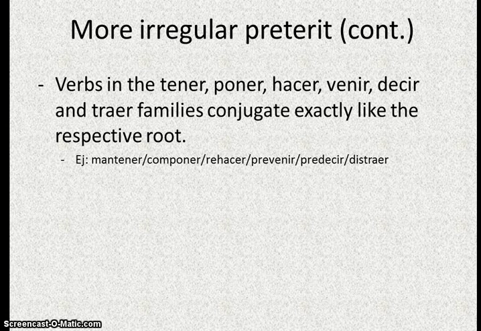Just some additional points about irregular preterite is that the verbs tener, poner, hacer, venir, decir, and traer, when they are part of these families, they conjugate exactly like the respective root. And as you can see here in the examples, mantener, componer, rehacer, prevenir, predecir, and distraer.